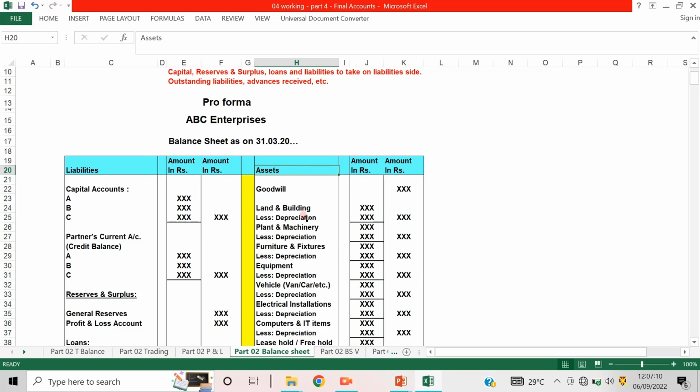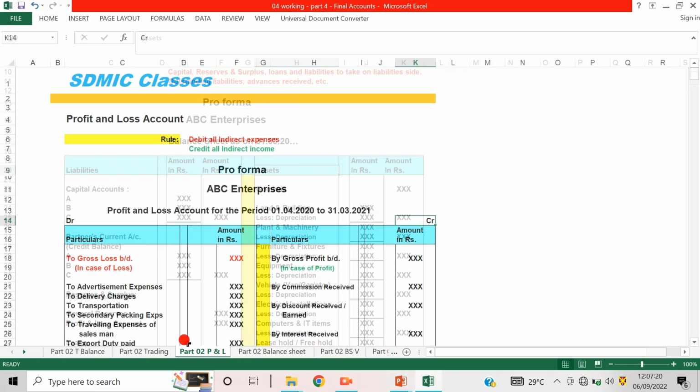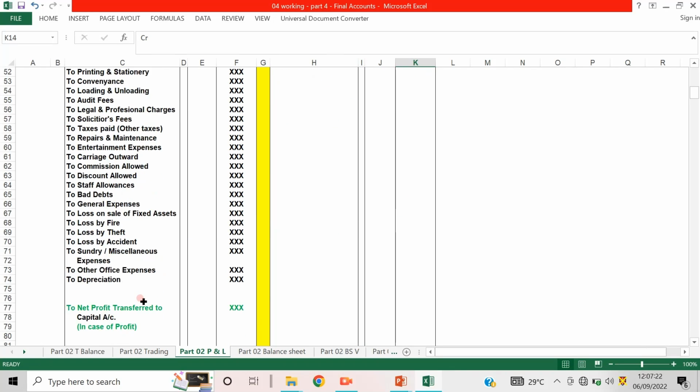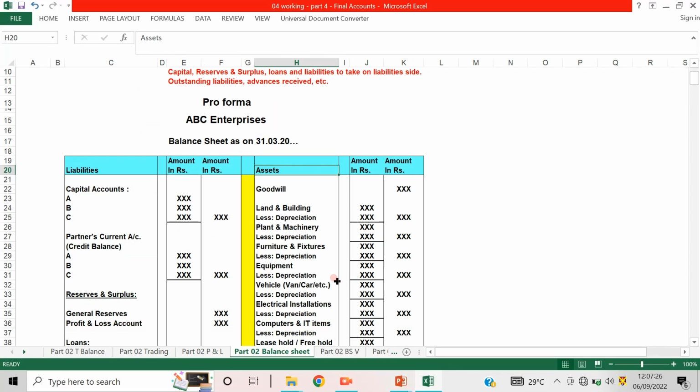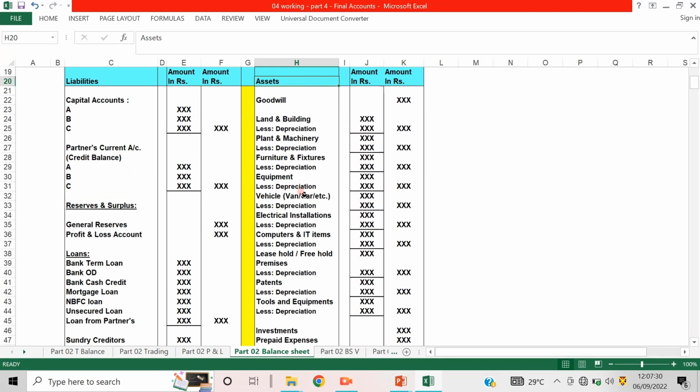Goodwill, then land and building less depreciation, plant and machinery less depreciation, where the depreciation will go to the profit and loss account, where we have already shown depreciation taken on the debit side. See, depreciation. All this depreciation can be made into a schedule and then combined.